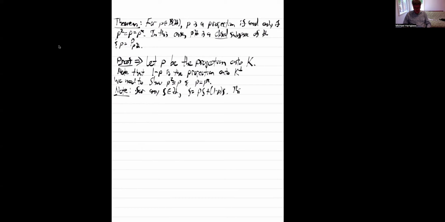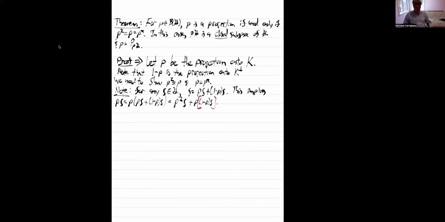All right, so let's see what this will imply. This implies that P C is going to be P of P C plus 1 minus P of C, which will be P squared of C plus P times 1 minus P of C. And now we're going to look at the second term and brace it like so.